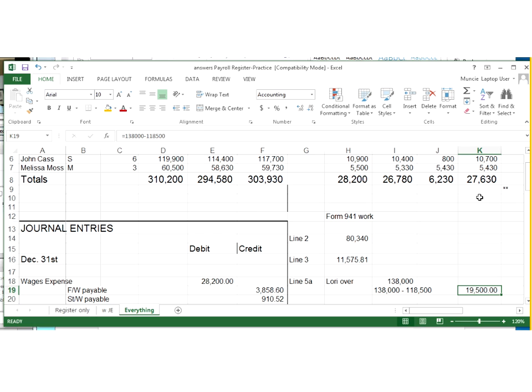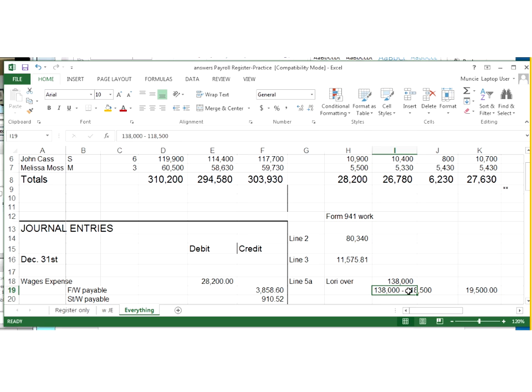So total out of everything that is shown for Lori, she went over the limit. If you look at her taxable Medicare wages, or her FICA wages on the Medicare side, she would have had $138,000 Medicare-wise.